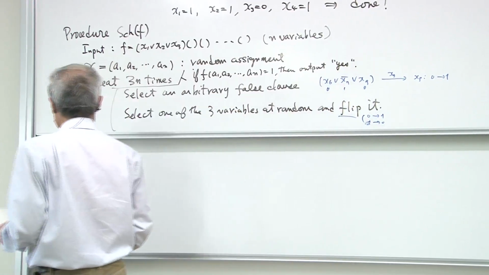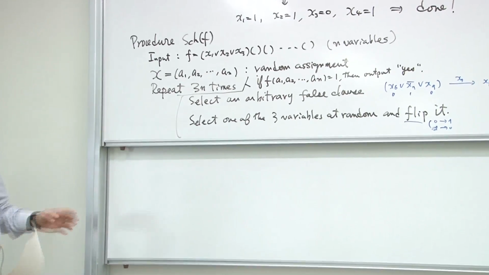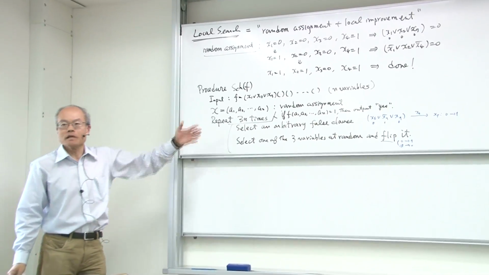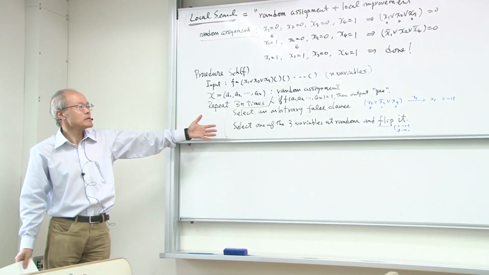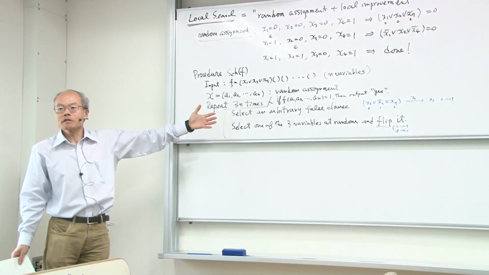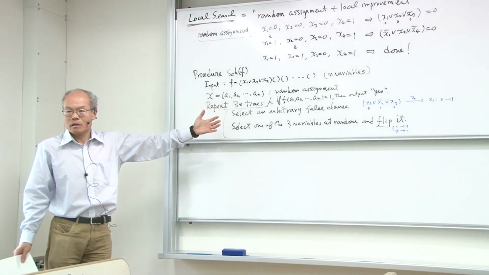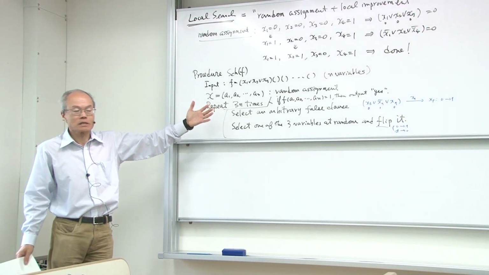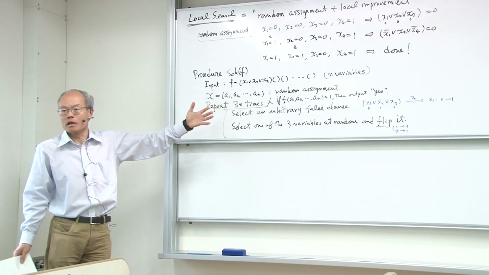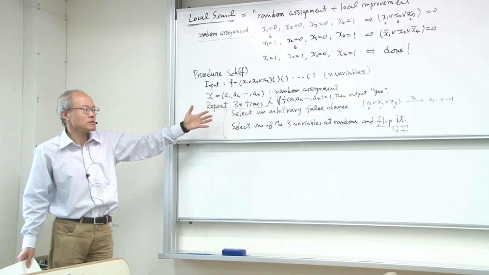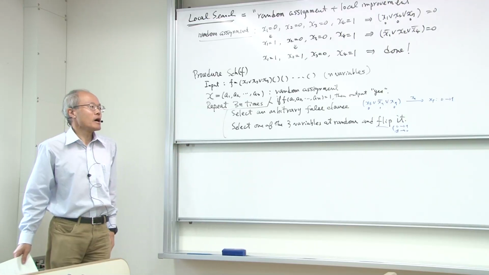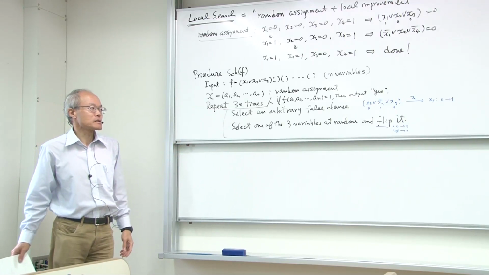Of course, at the beginning of each repetition, you have to check if the current assignment is the correct one. If the current assignment is a satisfying assignment, then you are done. You just finish the procedure and output yes.